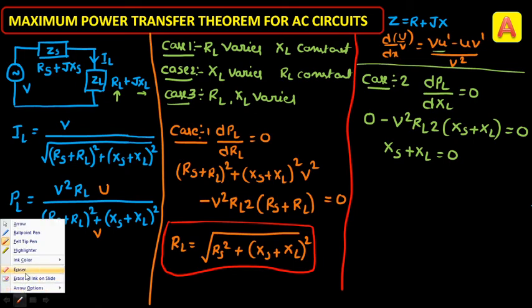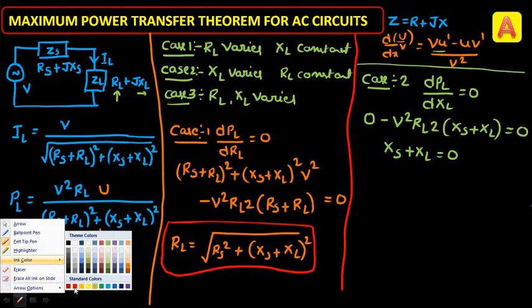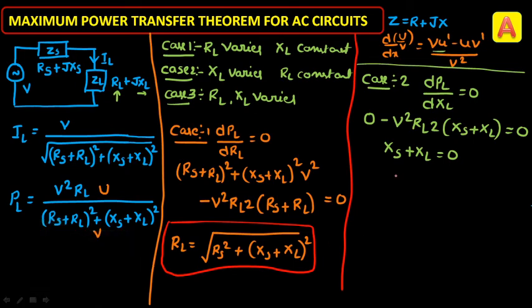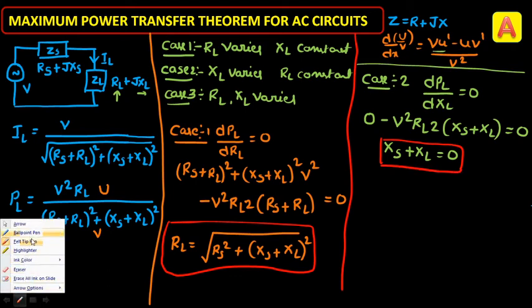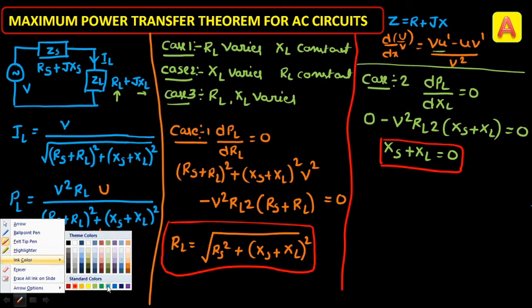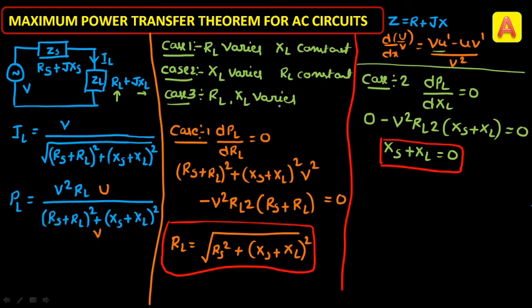So in case 2, whenever the load reactance XL varies, the sum of source and load reactances must be equal to 0. In the next case, case 3, both RL and XL vary.